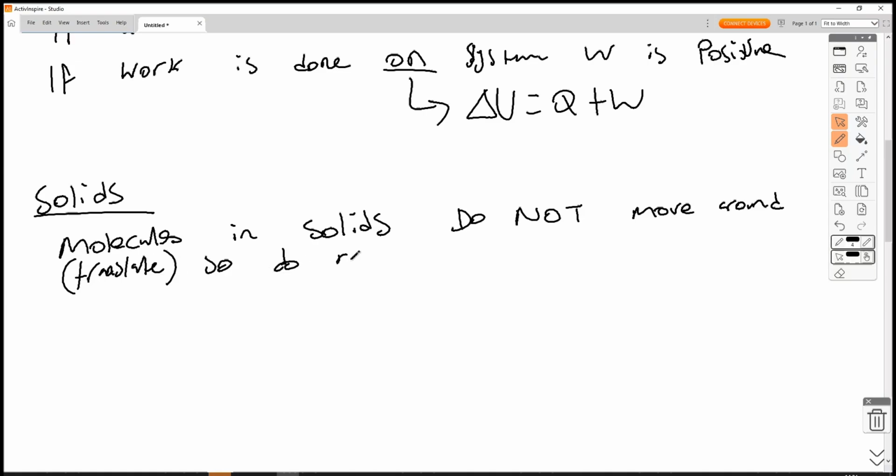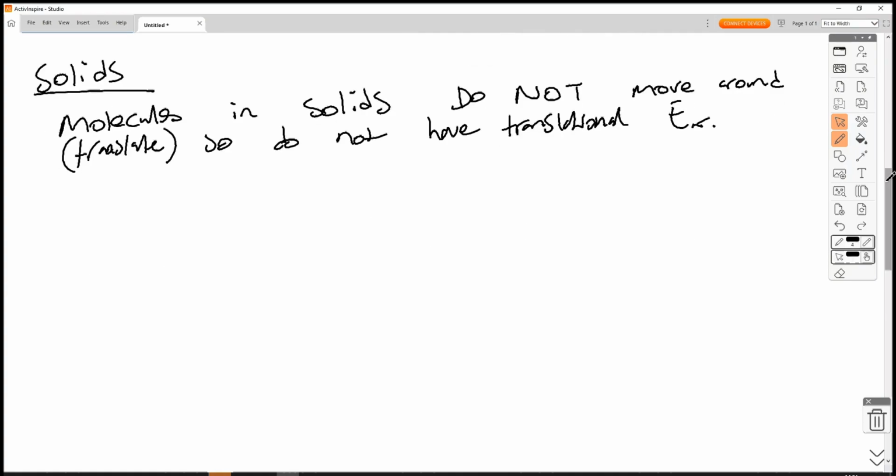So do not have translational EK. They have vibrational kinetic energies. So vibrational EK.